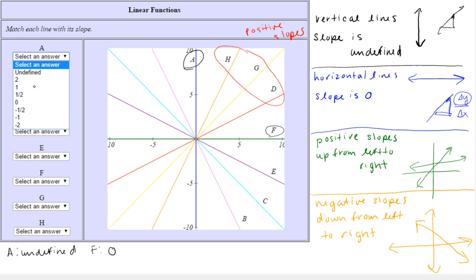So the steeper the line, the larger the slope. So take a look at these and think about which one you think is the least steep and which you think is the most steep. And again, I like to think of walking up it. It would be easier to walk up this incline than it would this because this is steeper. So that means D is the smallest positive slope given, which is 1/2.